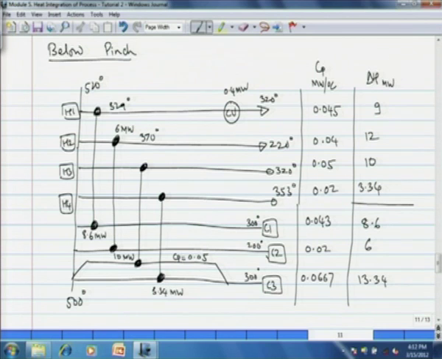we do not have any cold stream left. So, the remaining heat of H2 is then left out to be taken out by the cold utility, that is 6 megawatt.